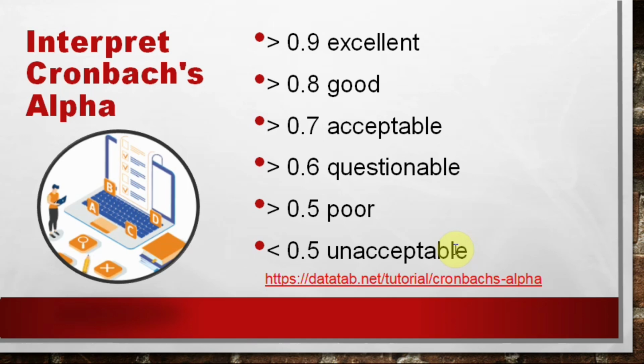This particular one from DATAtab states that if it is below 50%, that's 0.5, it is not acceptable. You don't use that questionnaire. You need to modify it and be sure it's okay before you go to the field. If it is more than 50% but less than 60%, it is poor.